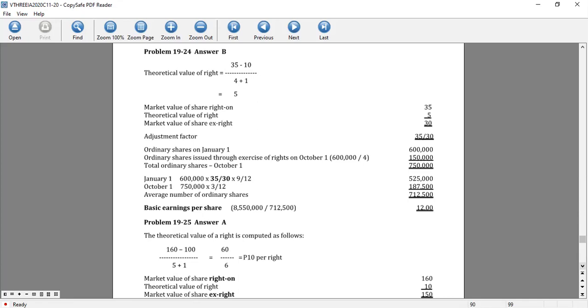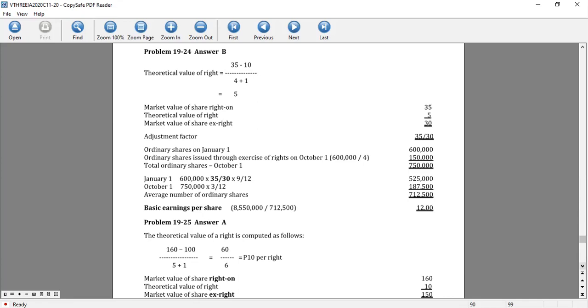Now, in January 1, we have 600,000 ordinary shares. Then we multiply by 35 over 30 times 9 over 12. And on October 1, we have 750,000 times 3 over 12.